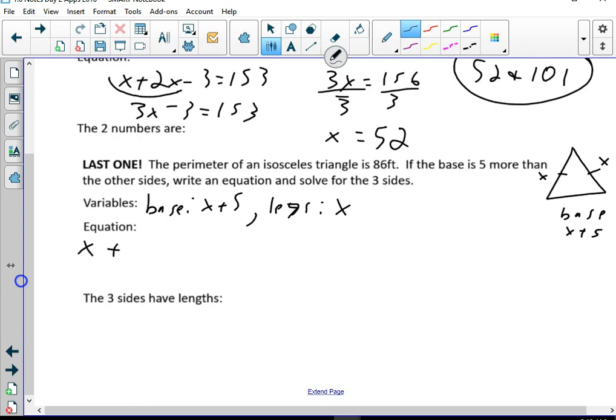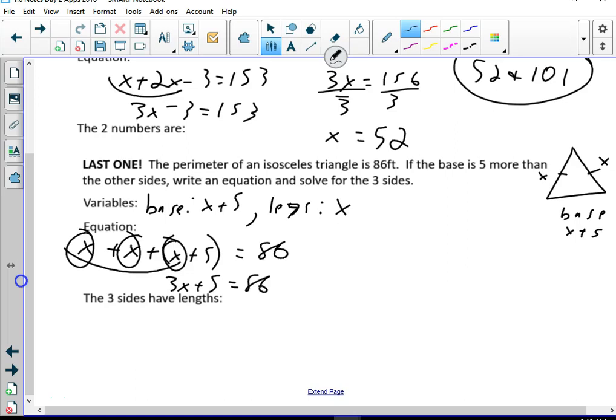So leg plus leg plus the base equals 86. How many x's do I have? 3. 3x plus 5 equals 86.